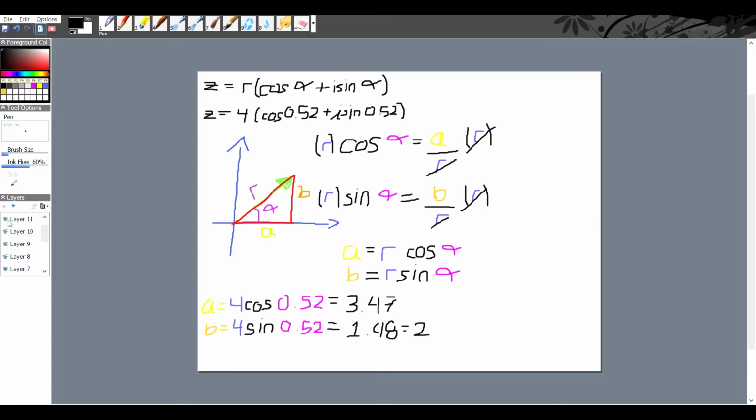And the results for a and b are not exactly the same as those we started from in the last video, but that's just because of the rounding we did with both the distance and the angle. But as you can see, we can round 1.98 to 2, and this is only one. The original, I think, was 3.46, so it's almost the same.